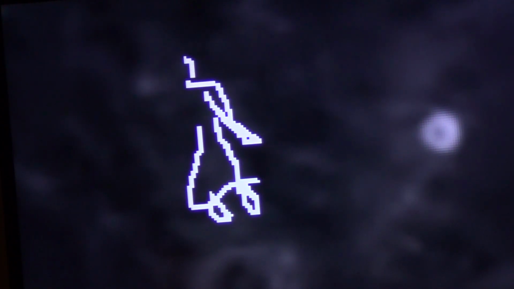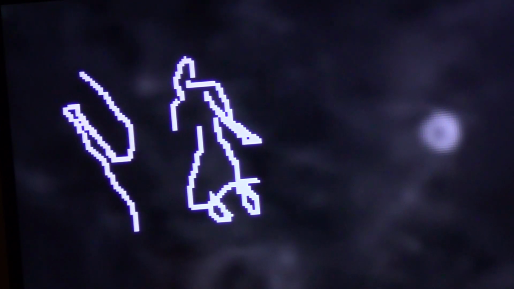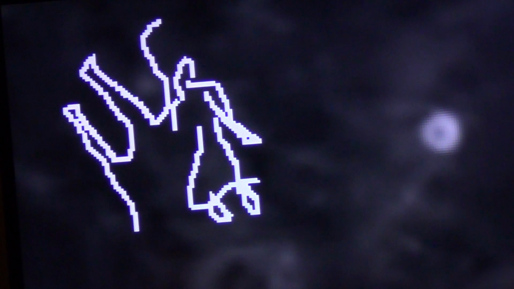Look, there is some kind of figure right there that looks like a human with two feet, in a long shirt or robe. Look, like that. Then when you look at how it's made, there is a hand right there.